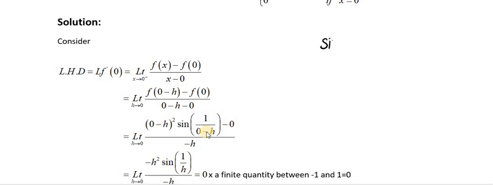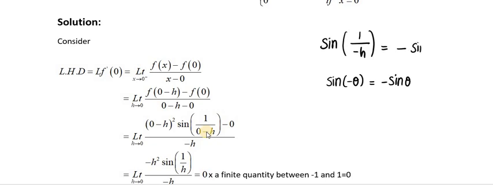Sine of 1 by 0 minus h is minus h. We know that sine of minus theta is minus sine theta. So, we are going to get sine of 1 by minus h as minus sine of 1 by h. So, this minus sign I am going to write here.